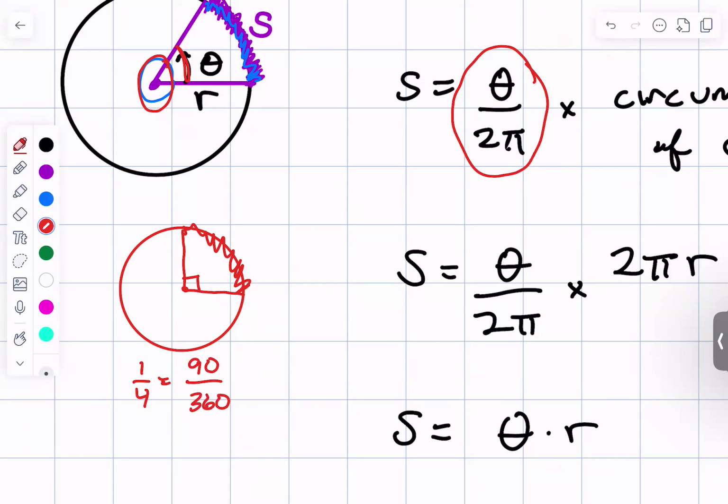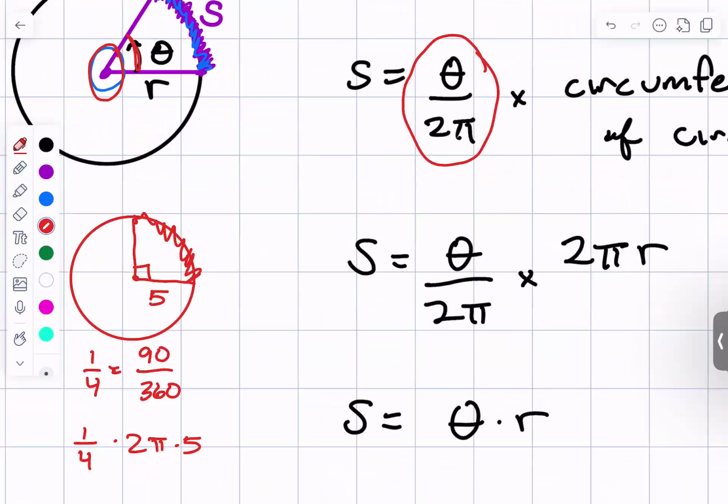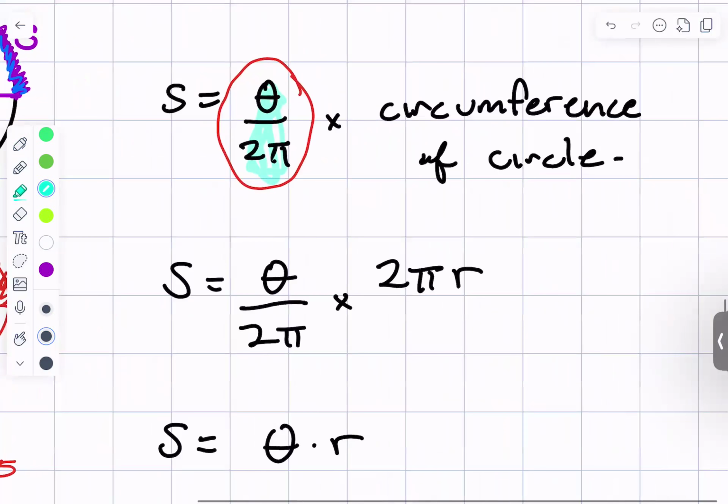That is still the same, 1/4. Yeah? So if I have 5 here as my radius, it will be 1/4 of the whole circumference, 2 pi times 5. Correct? We're doing the same thing in terms of radians. Theta over 2 pi is representing this 1/4 here times the circumference of the circle, which is 2 pi r.